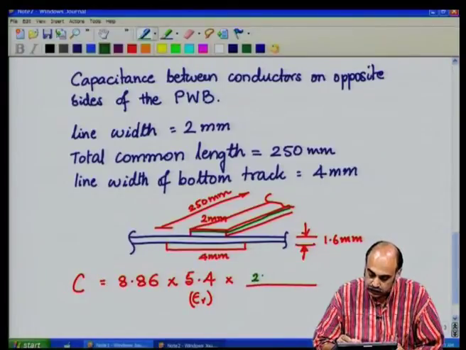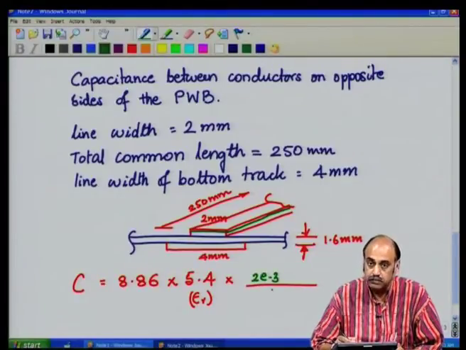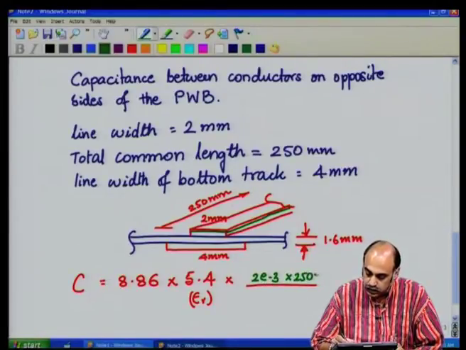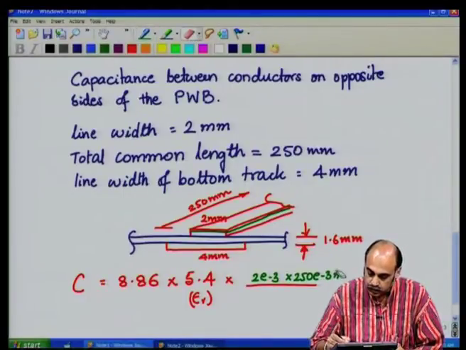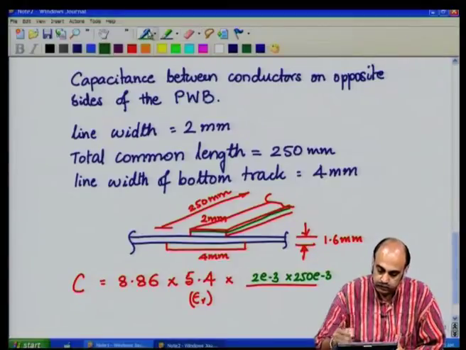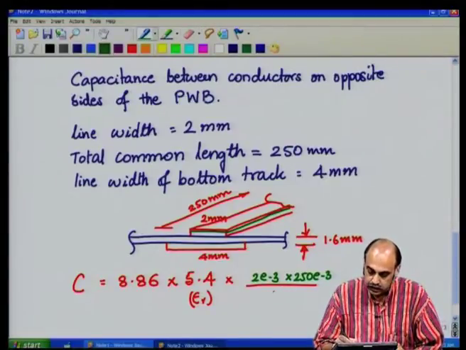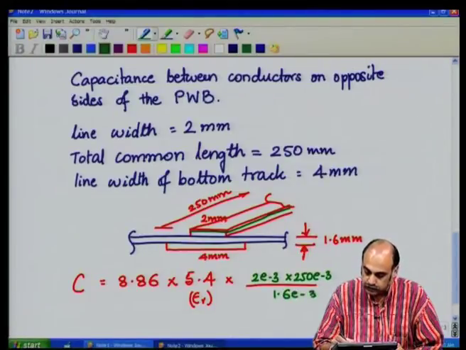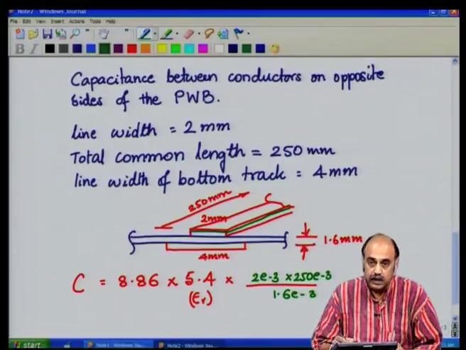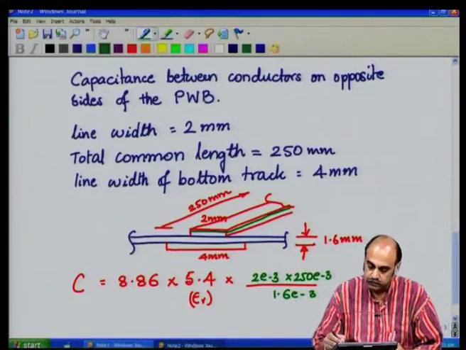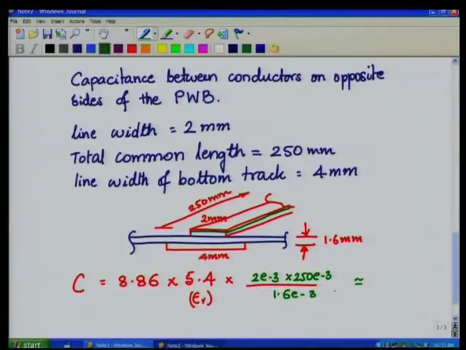So, we will write it as 2e minus 3 meter into 250e minus 3 meter, which would give you meter square, then divided by 1.6e minus 3, the dielectric thickness. So, this should approximately, I have pre-calculated it, be around 15 picofarads, pFs.